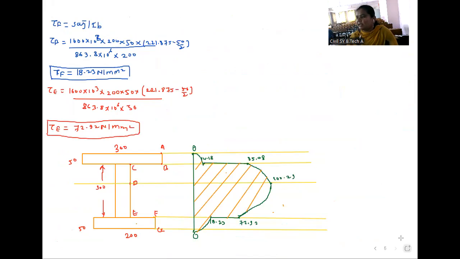Okay, please write down the next example. The same unsymmetric I section is given. Only the dimensions will be changed.